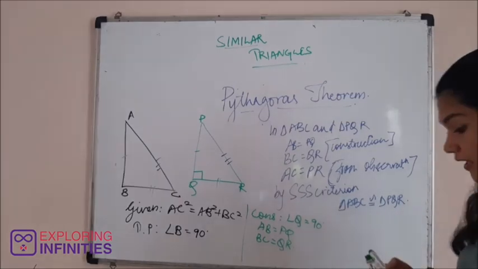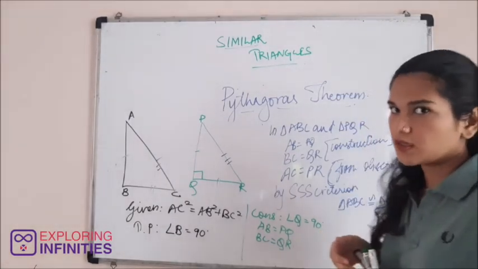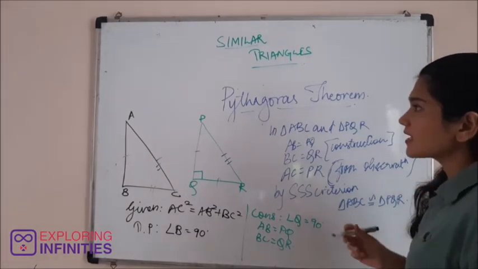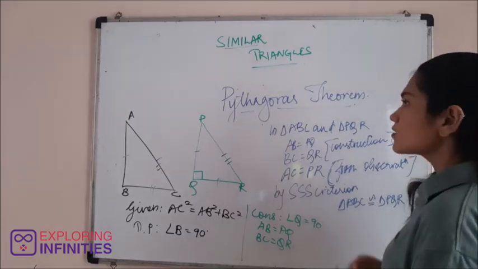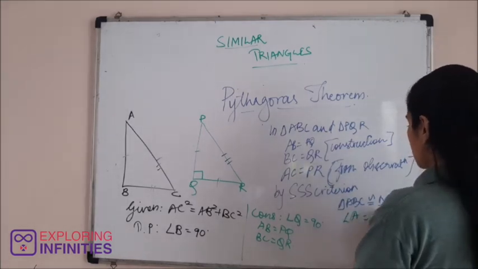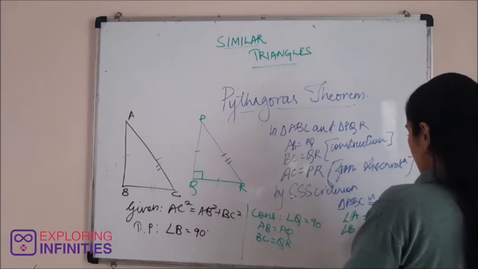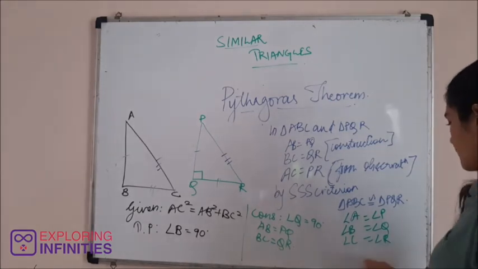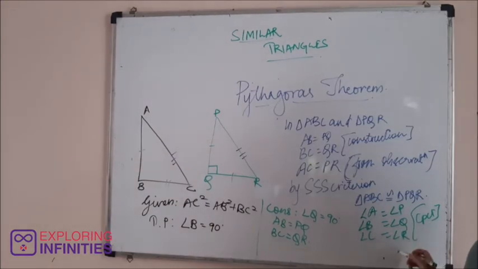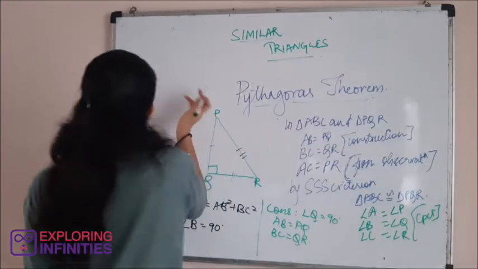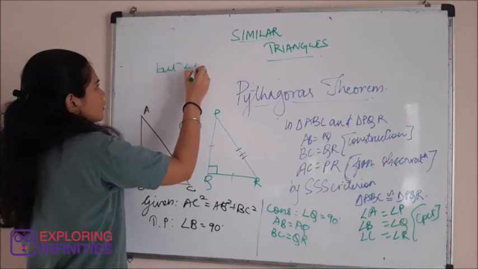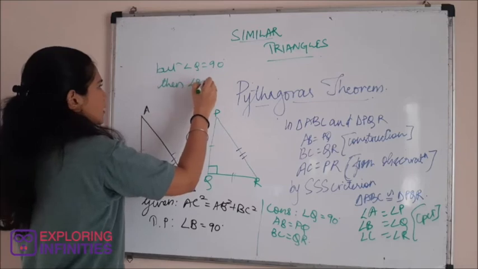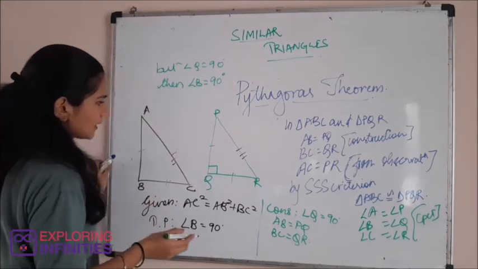When you know that two triangles are congruent, what it proves is that all the corresponding sides are equal, and the corresponding angles are also equal. So we can say that angle A equals angle P, angle B equals angle Q, and angle C equals angle R. By that logic, we constructed angle Q equal to 90 degrees, so we can say that angle B is also equal to 90 degrees.